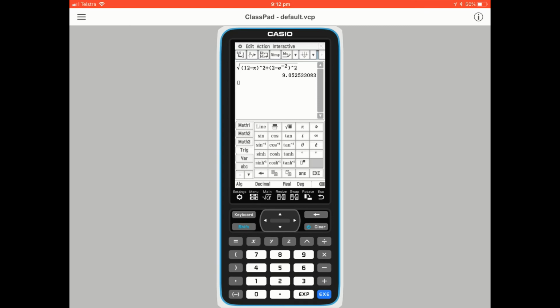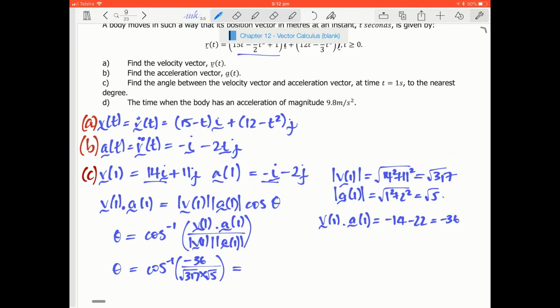Okay, put our calculator in degrees. Cos inverse of negative 36 on root 317 times 5. 154.72. I think it's to the nearest degree. 154.72. Therefore, 155 degrees to the nearest degree.